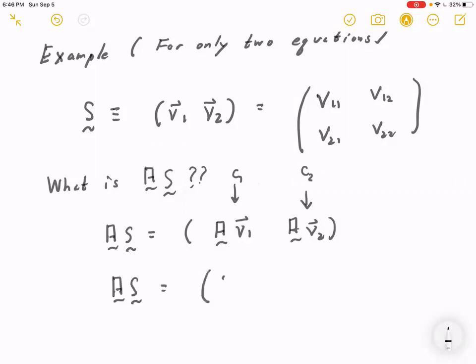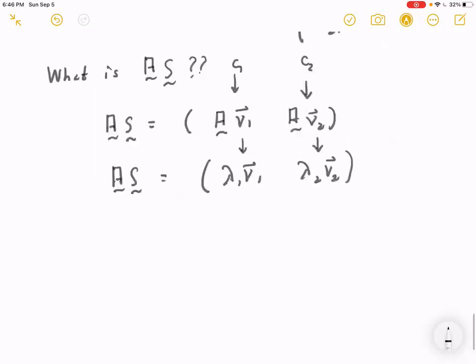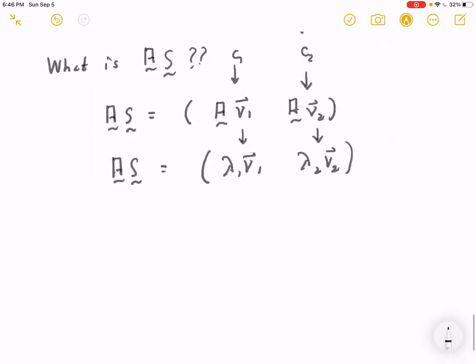But according to the eigenvalue problem, when A acts on V sub 1, it gives you lambda sub 1 times V sub 1. And when A acts on V sub 2, it gives you lambda sub 2 times V sub 2. And again, to keep track of what's going on, S is a 2 by 2 matrix, and A is a 2 by 2 matrix.